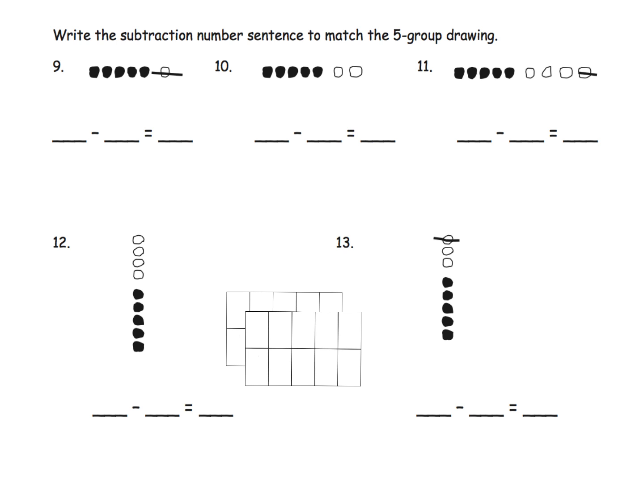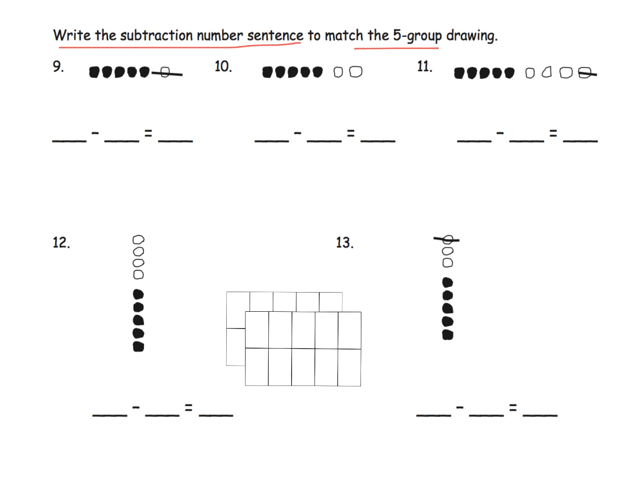Here it says, write the subtraction number sentence to match the 5-group drawing. Of course we're kind of being forced to use the way Eureka Math is showing us, and that's fine. There's nothing inherently wrong with it. I just prefer using the 10 frame idea. But let's model it. Let's take a look up here. We see we've got 6 dots all together because 5 plus 1 is 6.